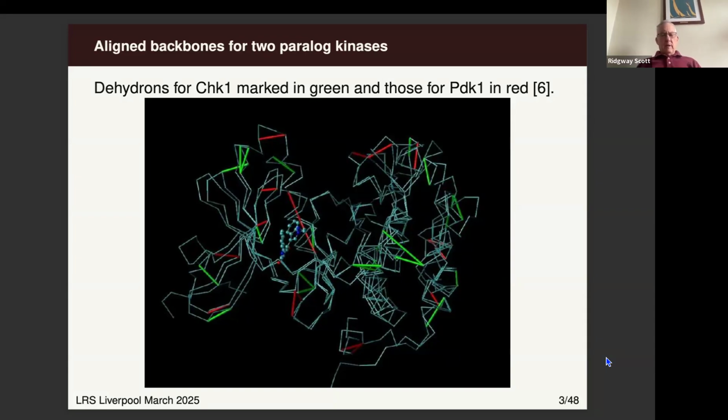And what you can see, although I haven't explained exactly what these hydrogen bonds are, is that they're really different. Maybe not always. Sometimes if there's one, there's another. But in other cases, they just don't have any match whatsoever. They're really distinct patterns. And so this tells you that these dehydrons can be used to distinguish what would otherwise be very similar proteins.